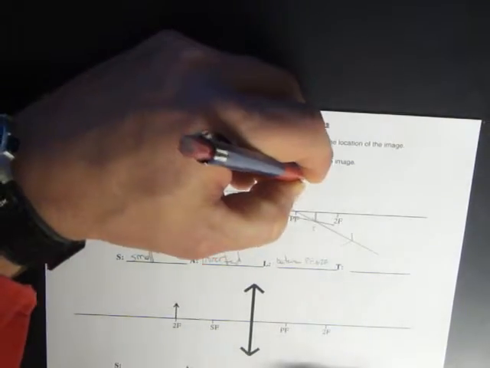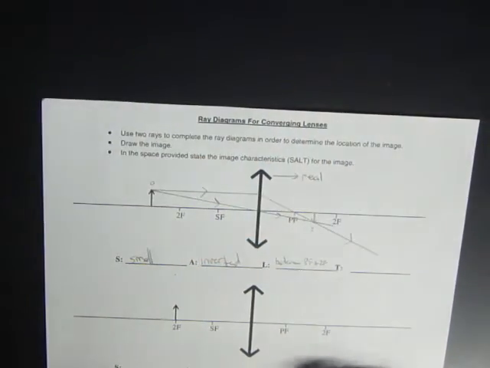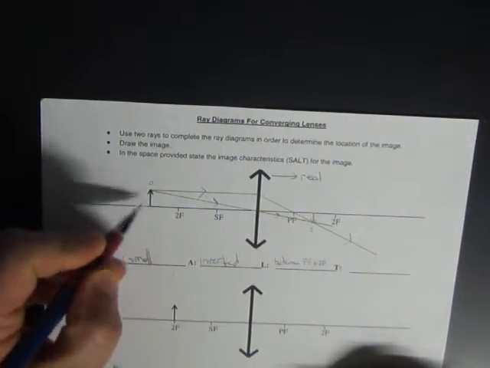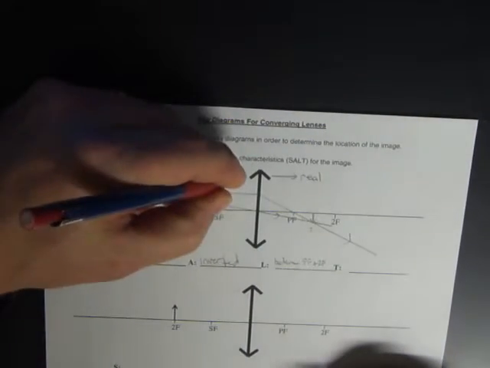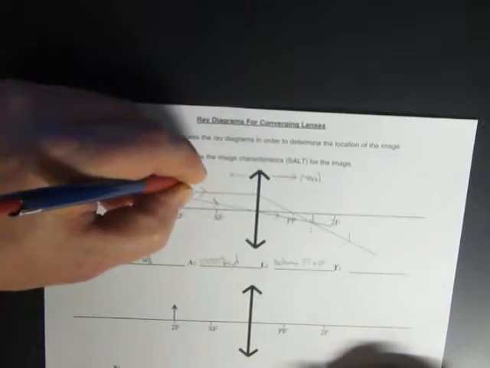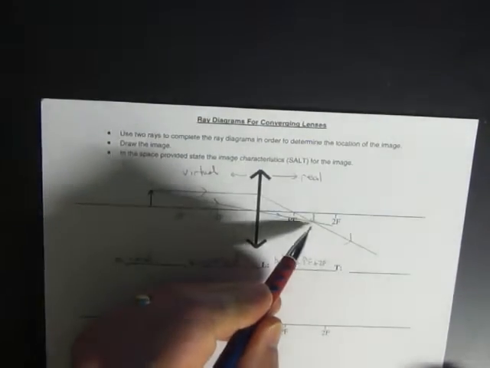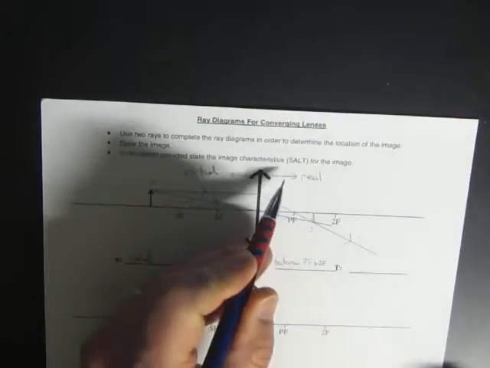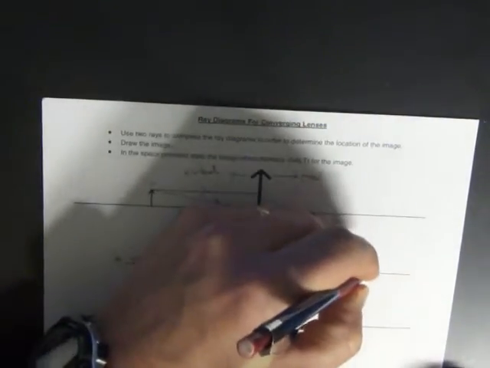So for a lens, it's opposite. The real world is on the opposite side of the object because we expect the light to go through. And the virtual world is on the front side of a lens because we don't expect light to go backwards through a lens. That doesn't make sense. So that's the virtual world. So because our image is over here on the opposite side, this is real.